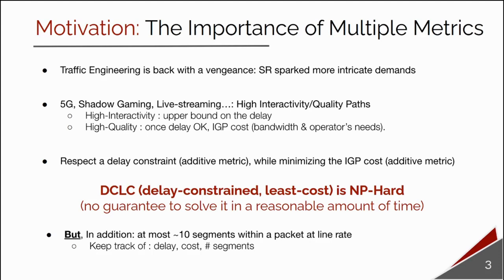And this problem is known to be NP-hard. So at first it seems pretty impossible to bring strong guarantees regarding the execution time of an algorithm solving this. So this is not what we want in a network context. In addition, this is actually where segment routing will come back to stab us in the back, because if we eventually find a path which respects what we want, we need to be sure that it can be encoded in less than 10 segments.